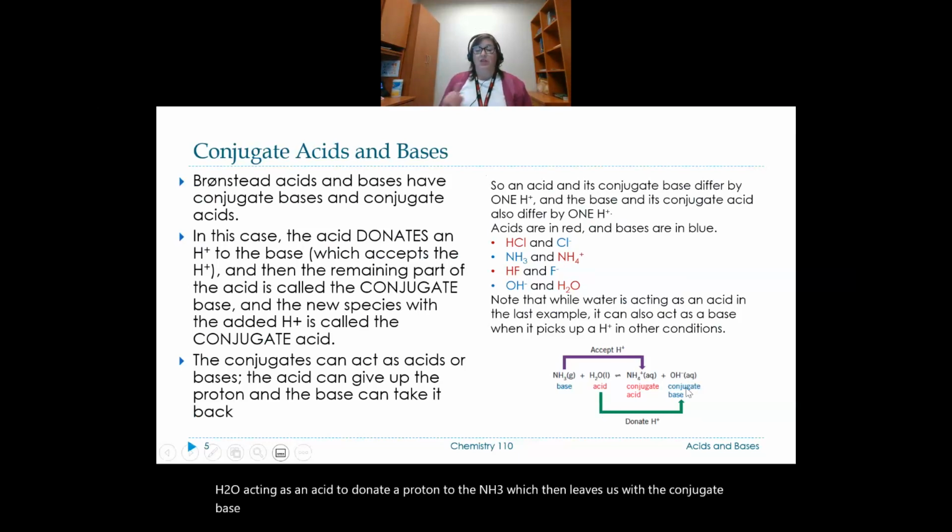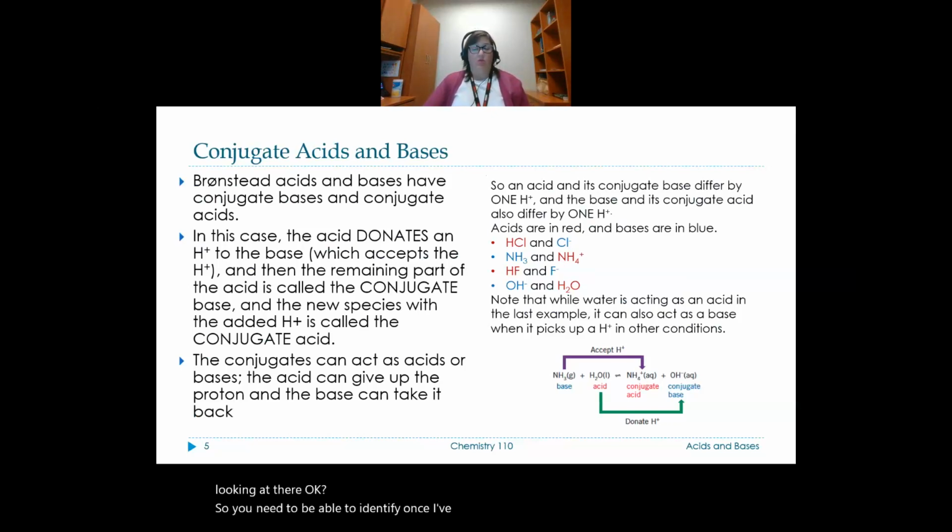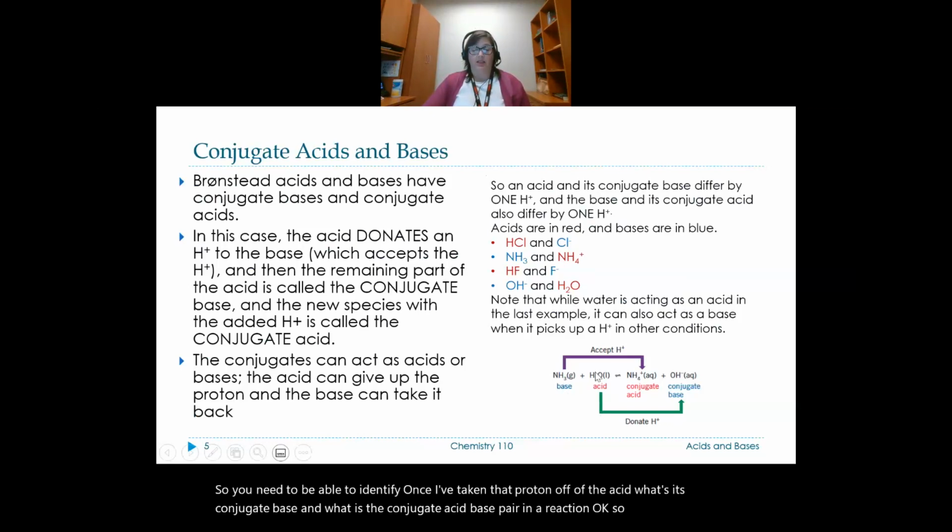The difference between each of those is just H plus. So that's what you're looking at there. Okay. So you need to be able to identify, once I've taken that proton off of the acid, what's its conjugate base and what is the conjugate acid-base pair in a reaction. Okay. So I'm always going to start with a base, go to a conjugate acid. I'm going to start with an acid and go to a conjugate base. Okay. Those are the patterns that we need to be able to identify.